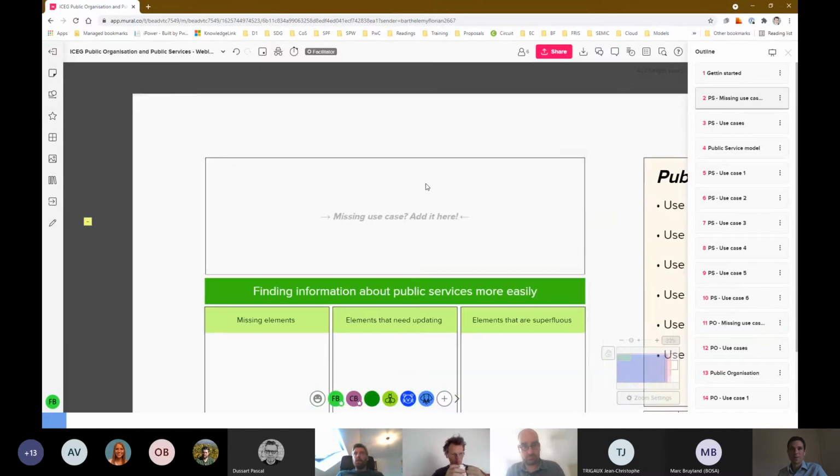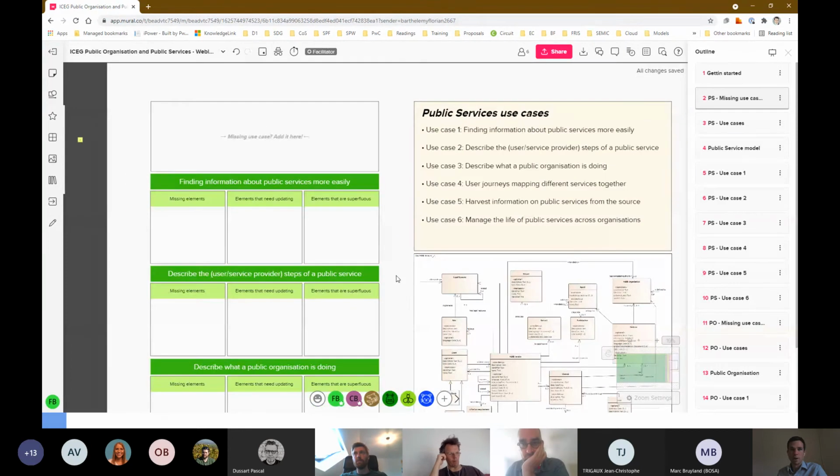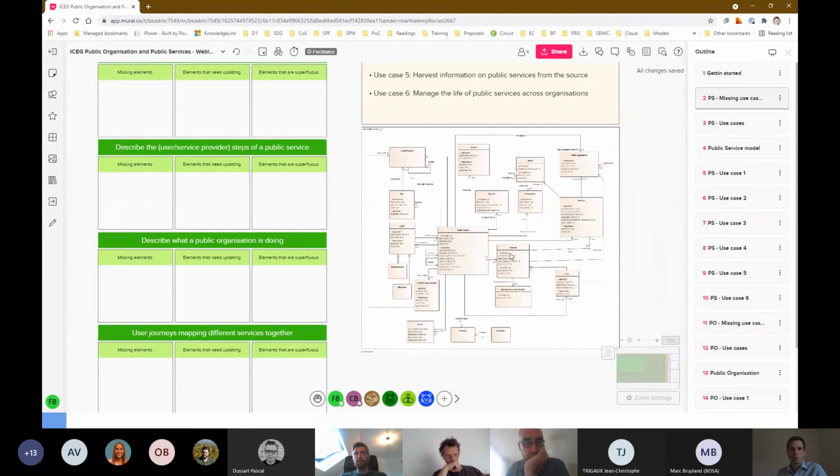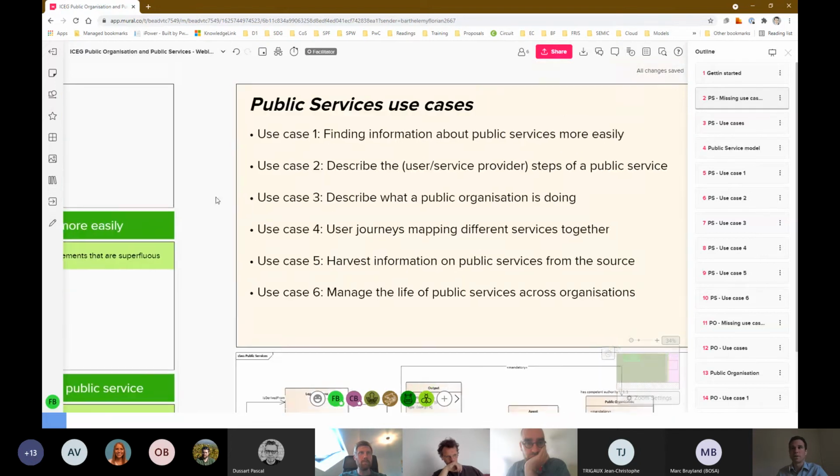Good, thanks. And so what we will be doing is simply taking a few minutes to look at the model we just went through together. Also consider the changes that we discussed, and think about the use cases.